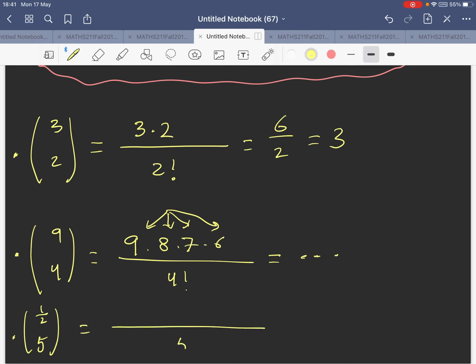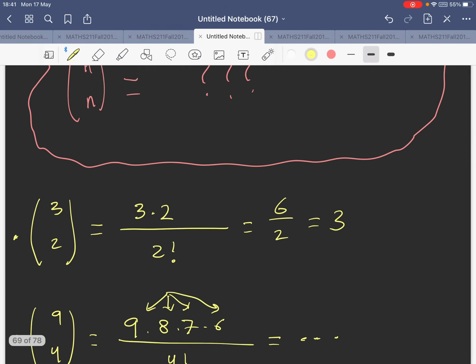Same thing, over 5 factorial, and here how many brackets do you need to multiply? 5 brackets, starting from half, and then take 1 out of half, so it will be negative half, negative 3 over 2, and take minus 1, minus 1, minus 1, so minus 5 over 2, minus 7 over 2. Whatever the number is, that is what you write down.